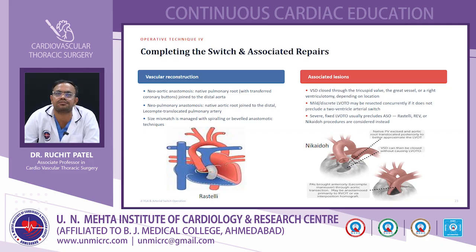Another new technique that we have now started doing is the half-turned truncal switch operation, in cases where there is mild to moderate stenosis, in which both great vessels are not totally rotated, but a 180-degree rotation is done to bring the aorta posteriorly, and the aorta and pulmonary artery anteriorly.